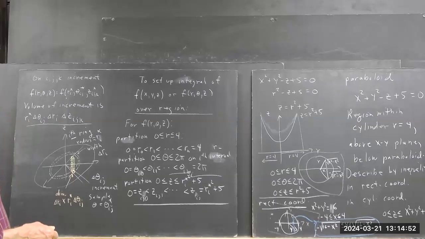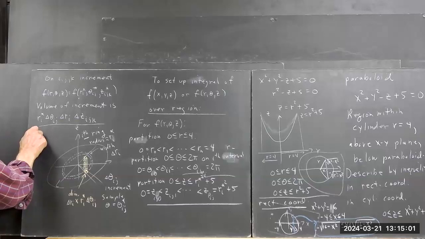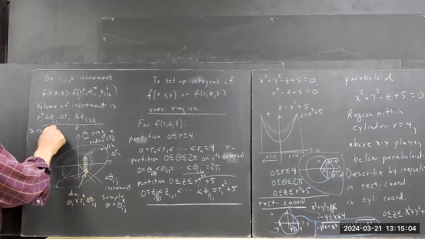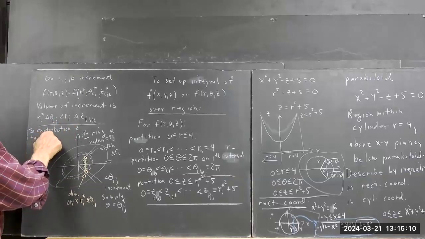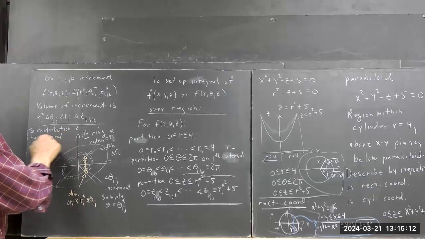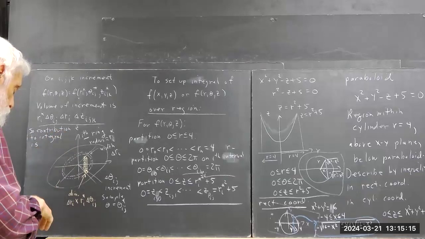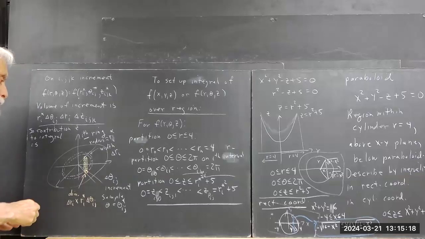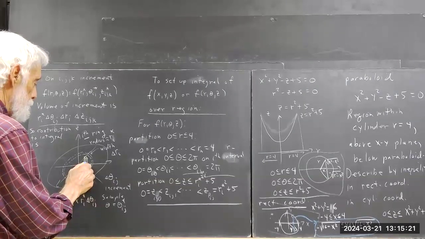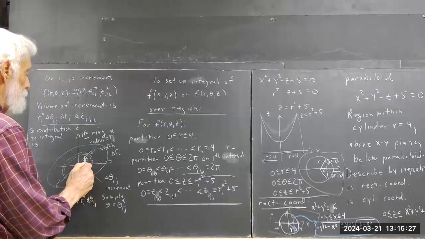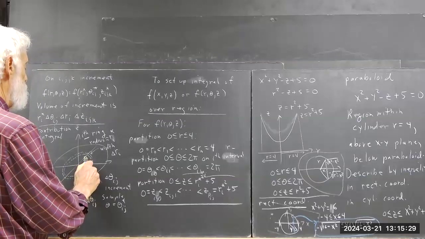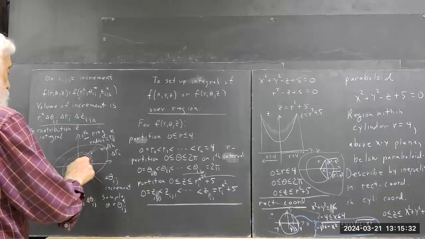Volume of the increment is this. I don't have room to write out what I need to write out, but I'll squeeze it in. So the contribution to the integral is, well, first of all, let me detect my IJK increment.